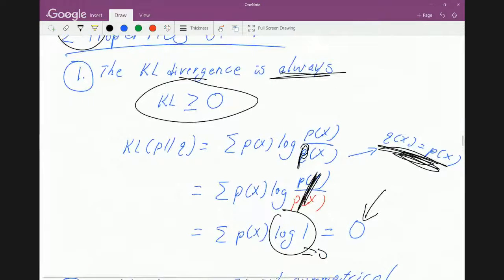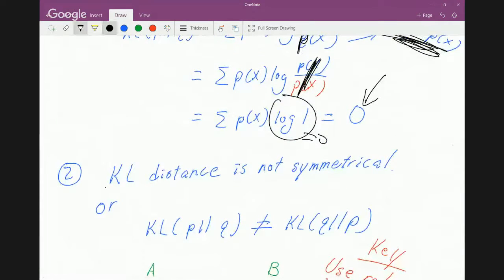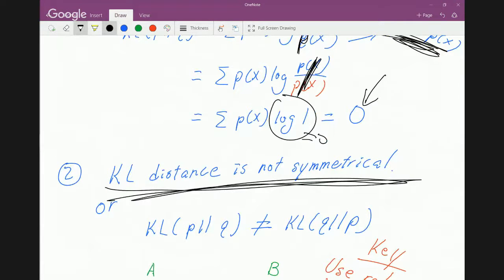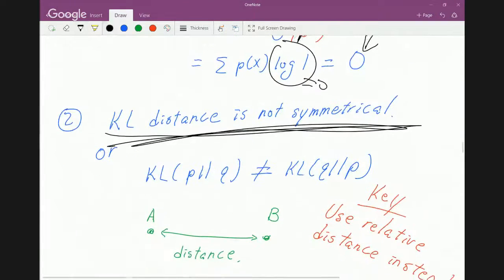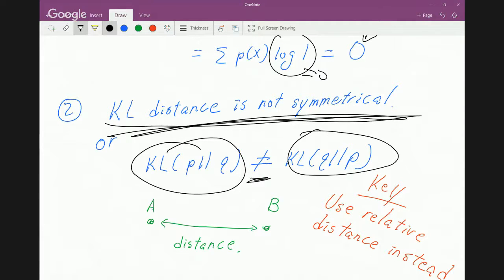Now, I can prove this mathematically, but it's really not that important how it's proven. The second thing is that KL divergence is not symmetrical, the distance. What do I mean by that? Well, the KL divergence from P to Q is not the same as from Q to P. I remember the first time I heard this, I thought, if you have a point A and a point B, they're saying that the distance from here to here is not the same as the distance from here to here.